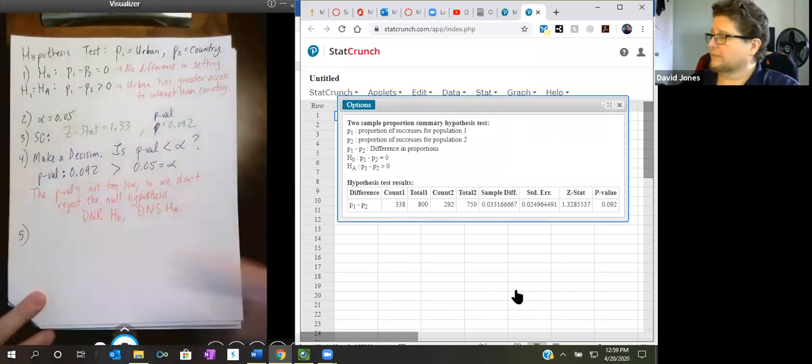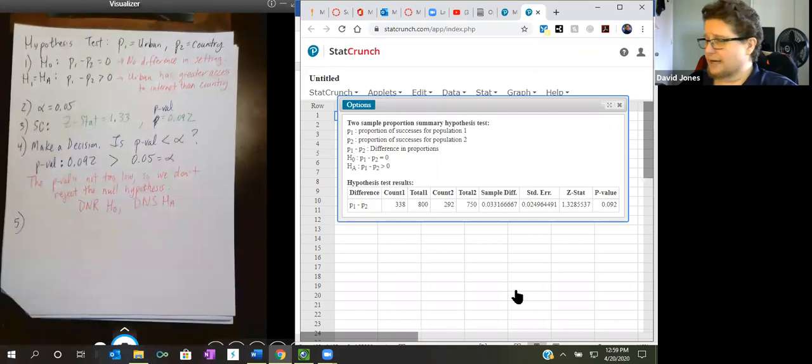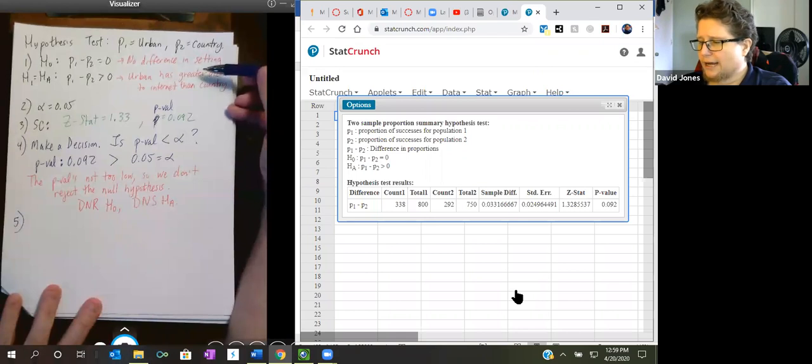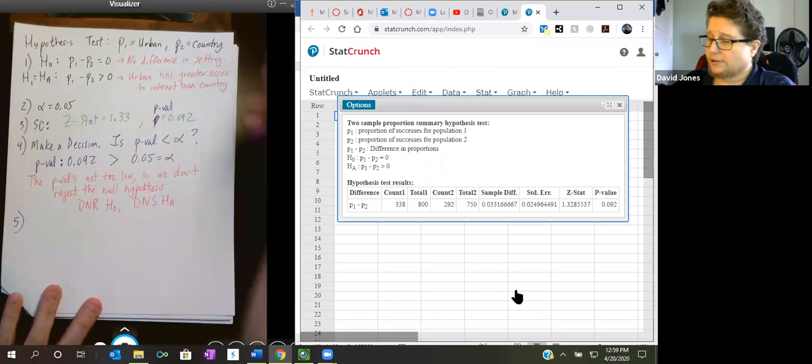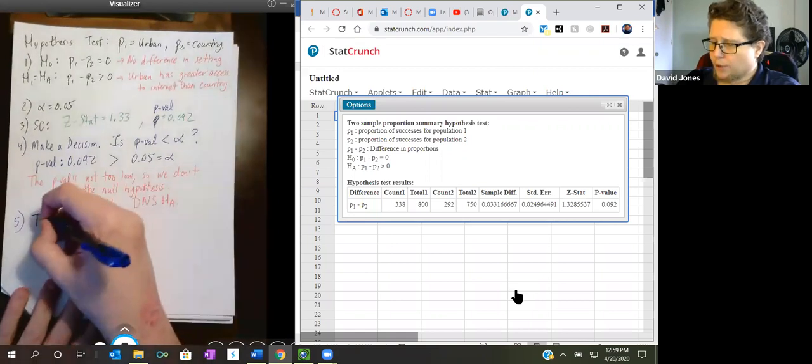Okay, so now we make a statement about what it was saying. HA was that urban households have greater access to internet than country homes. We're not supporting it.